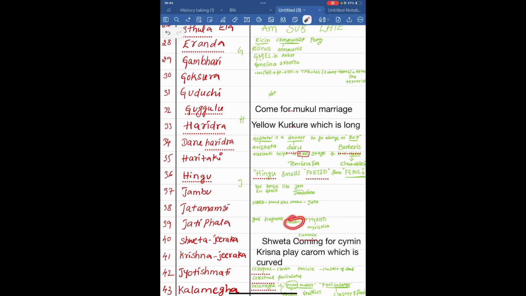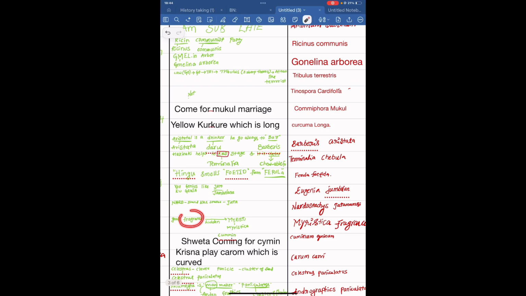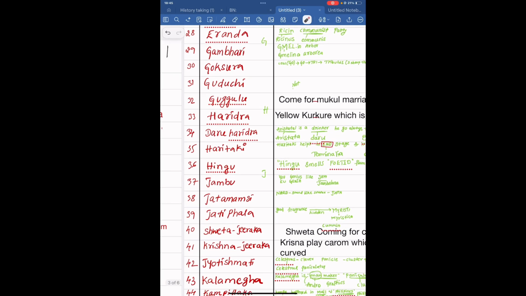It is hidden in this, so that is why it is called Myristica. Myristica is the hidden fragrance, and that is why Myristica fragrans is the botanical name.